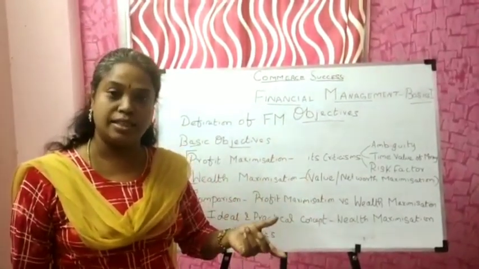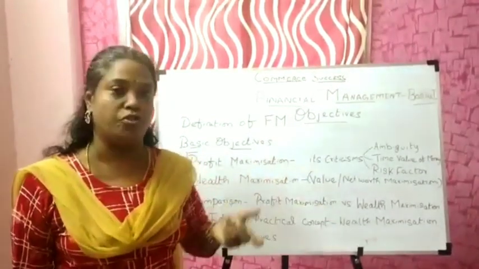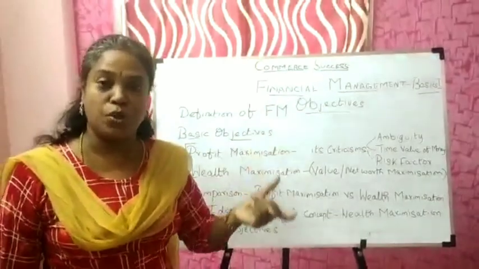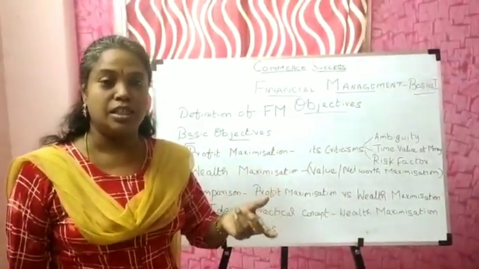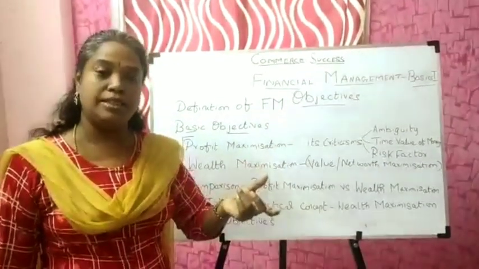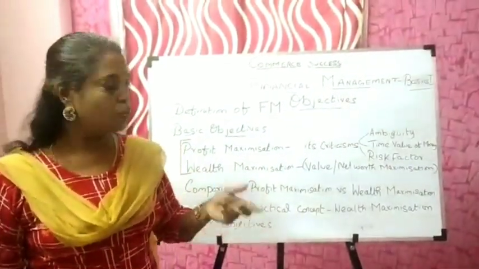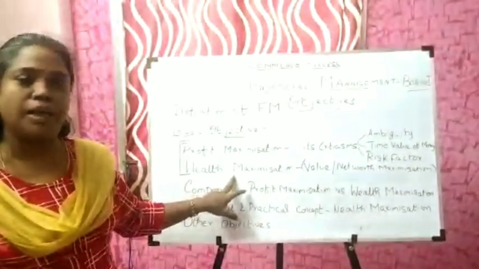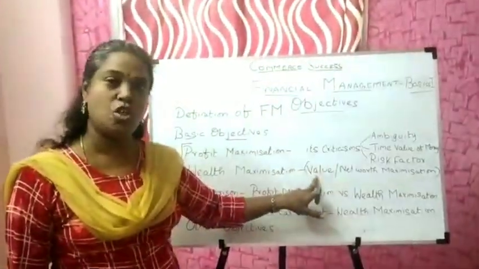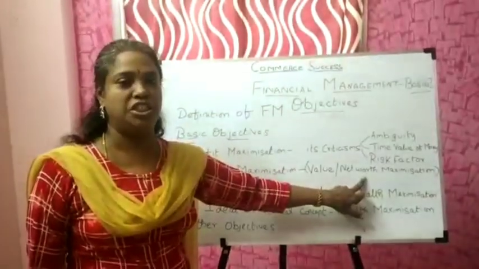As a result, the shareholders benefit from it. How do they benefit? The firm is paying regular dividends. As a result, the shareholders' wealth is also increasing and the market price increases, so the shareholder is benefited. So this is the concept of wealth maximization. It is also called value maximization or net worth maximization.